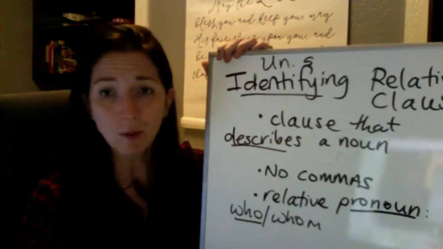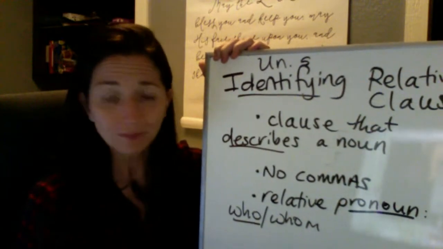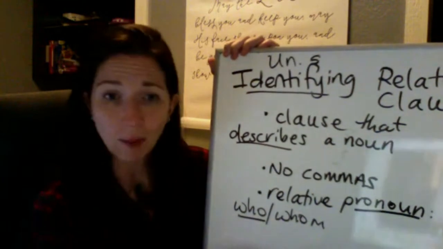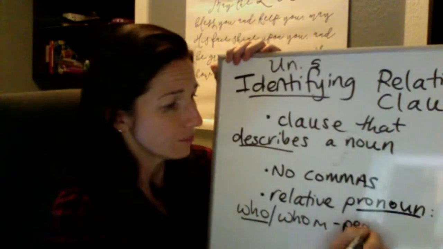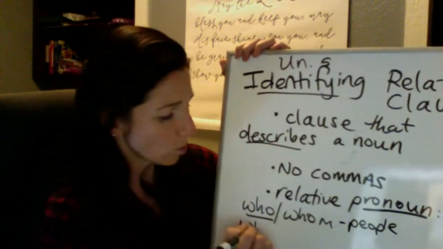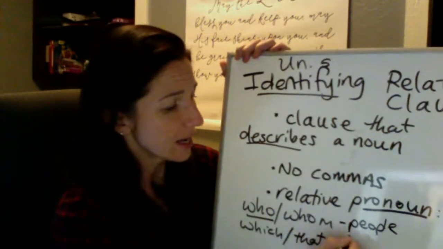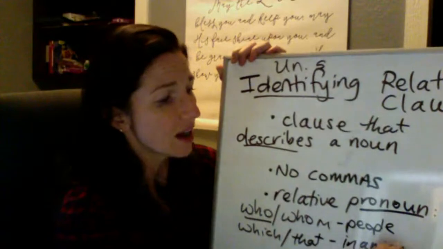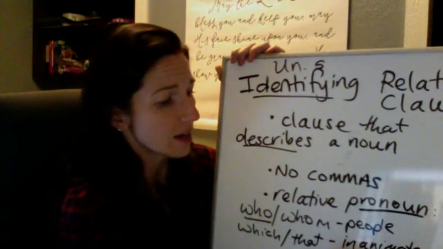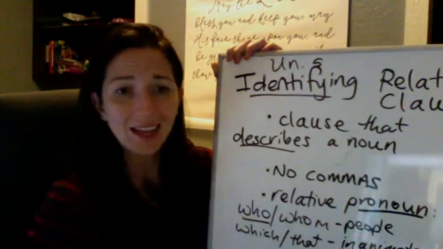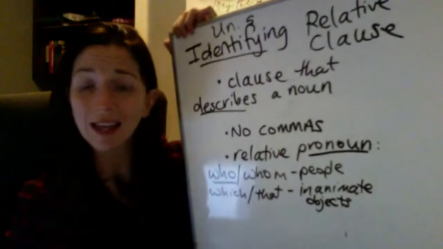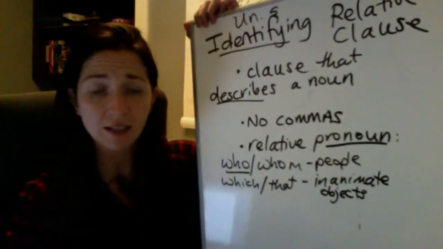Most grammar books don't even teach whom anymore. Who is for a person, people. We use which or that for inanimate, that means not alive: things, items, objects.